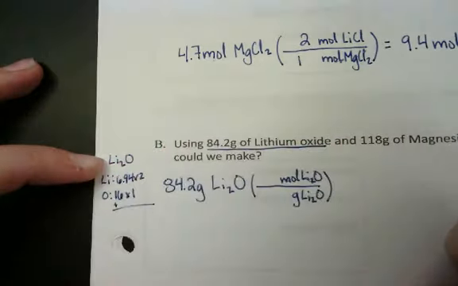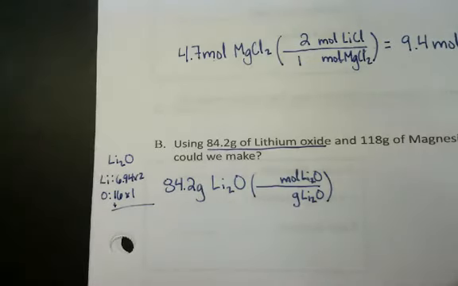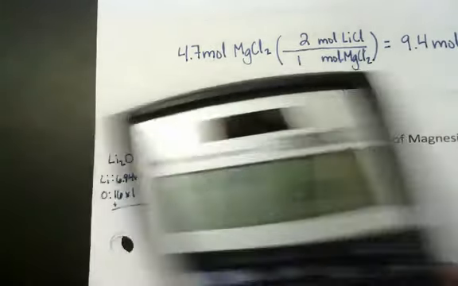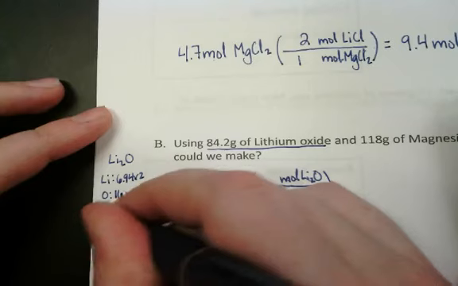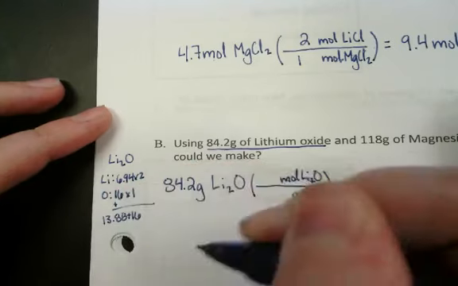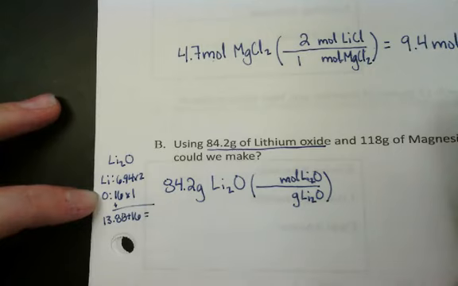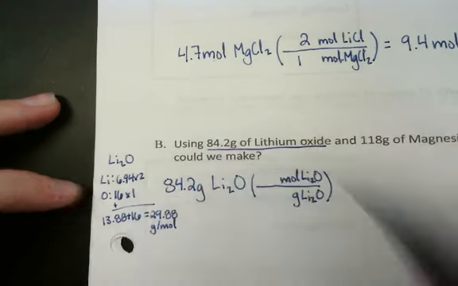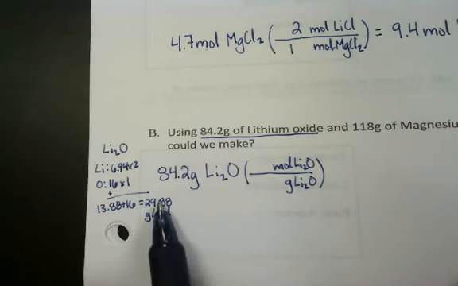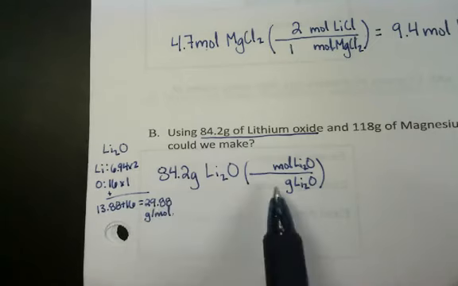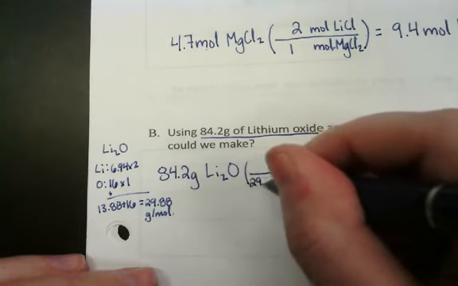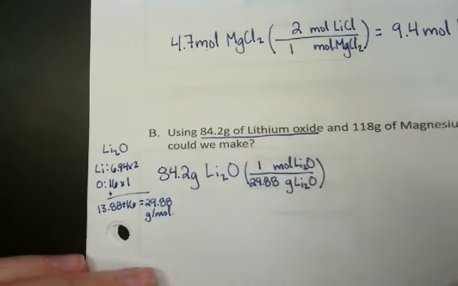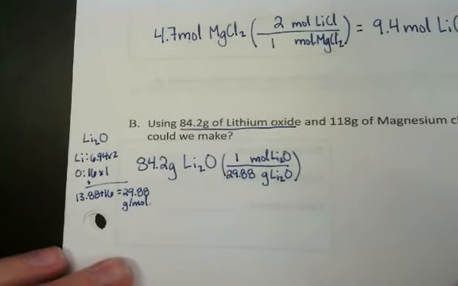And then we add those up. So 6.94 times 2 is 13.88. So we're going to do 13.88 plus 16 from our oxygen. That gets us 29.88 grams per mole. So 29.88, that's our molar mass. That means 29.88 goes with the grams, and that's for every 1 mole of lithium oxide.